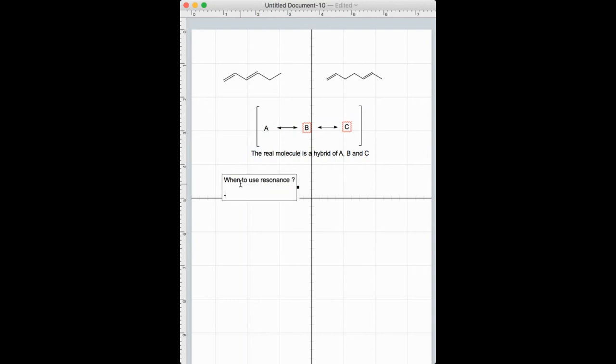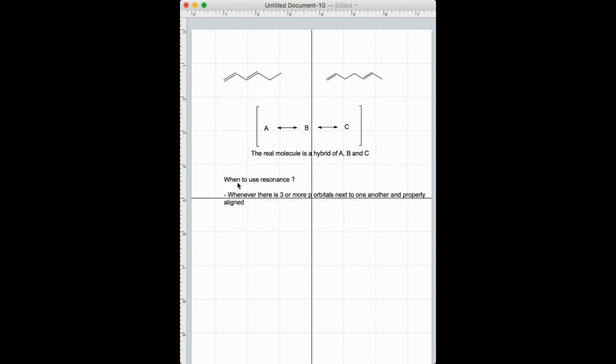And the answer to that question is whenever there are three or more p orbitals next to one another and properly aligned. Okay?